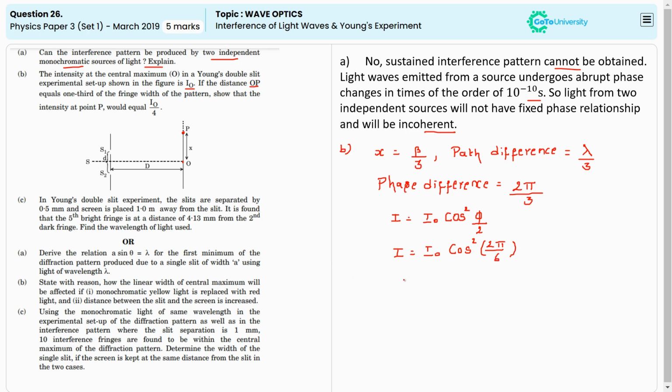Then I0 into cos square pi by 3, since 2 and 6 get cancelled. Then I is equal to I0 times 1 by 4, that is I0 by 4.